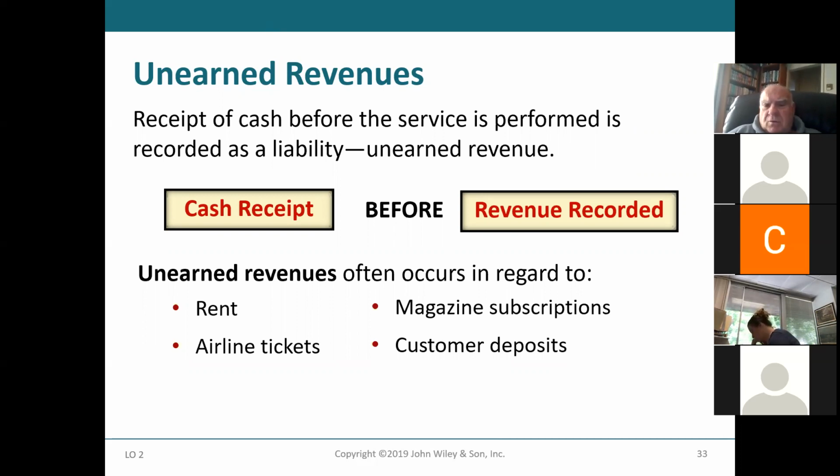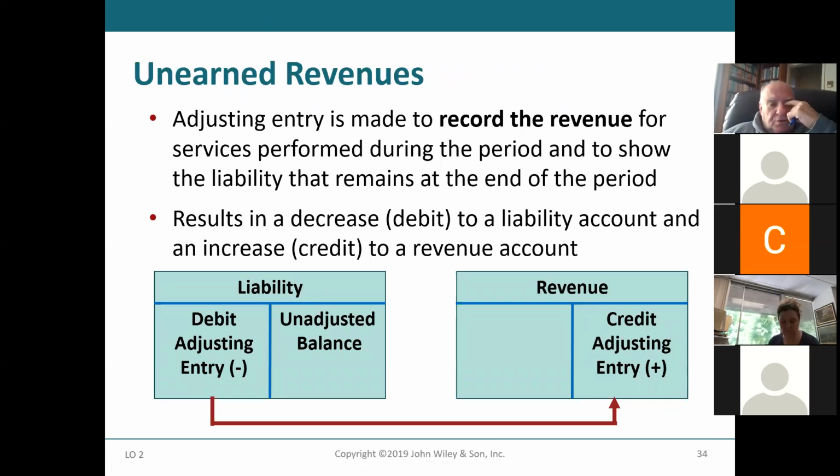So that's going to be recorded as a liability. We're going to debit cash and credit the liability account called unearned revenue. And then at the end of the month, we're going to make this journal entry you see here. We debit the liability and we credit the revenue to increase it.